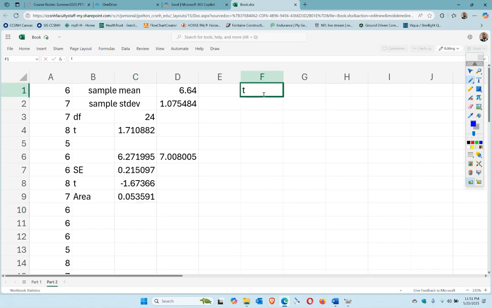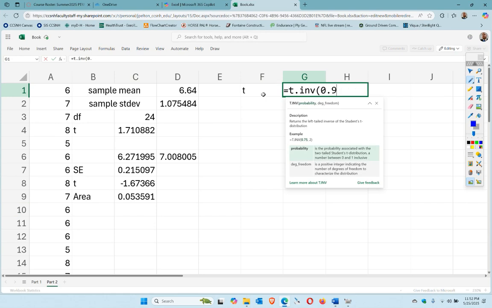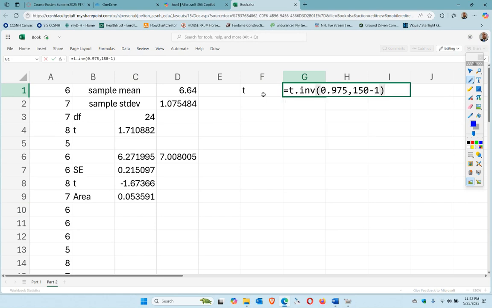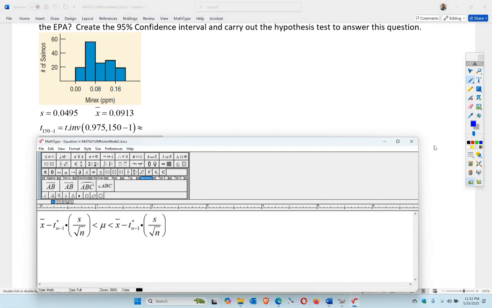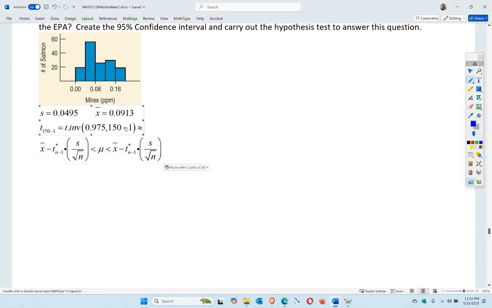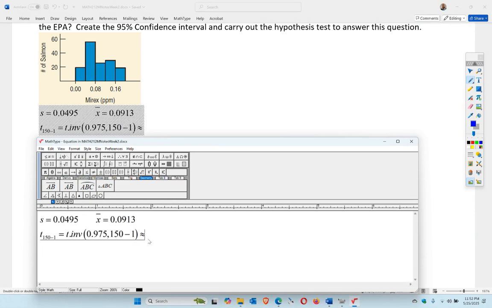Let's just do t equals, excuse me, t dot inverse 0.975 comma 150 minus 1. Right? Okay, so 1.97 is our t value, 1.9976. That's good enough. Okay, whoop, that's the wrong one. 1.976 dot dot dot.